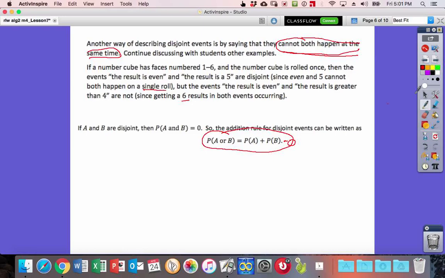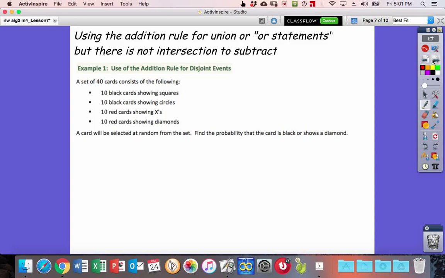And let's show you some examples with that. So this one, you have 40 cards. 10 of them are black, showing squares, 10 black showing circles, 10 red showing X's, 10 red showing diamonds. A card will be selected at random from the set. Find the probability that the card is black or shows a diamond. Here's the OR statement, so we're going to do the addition rule.